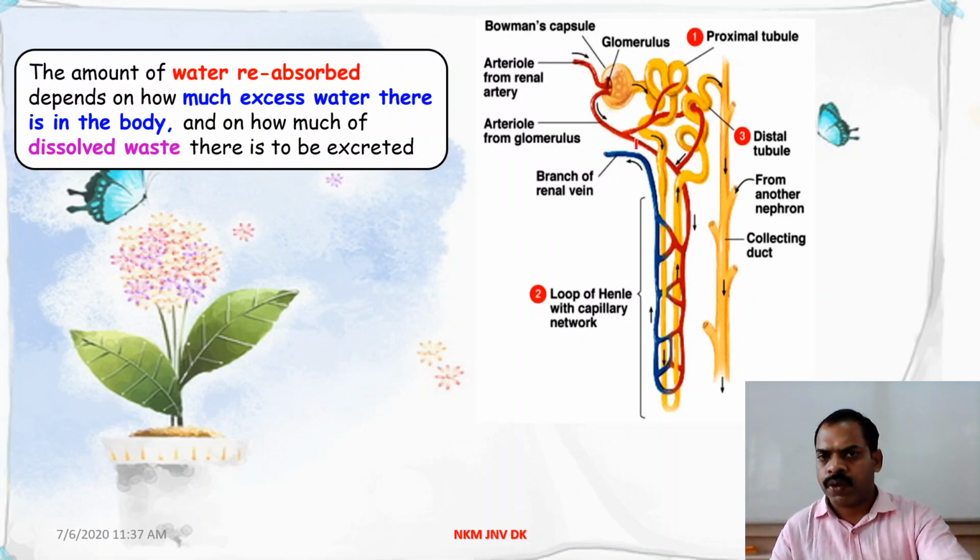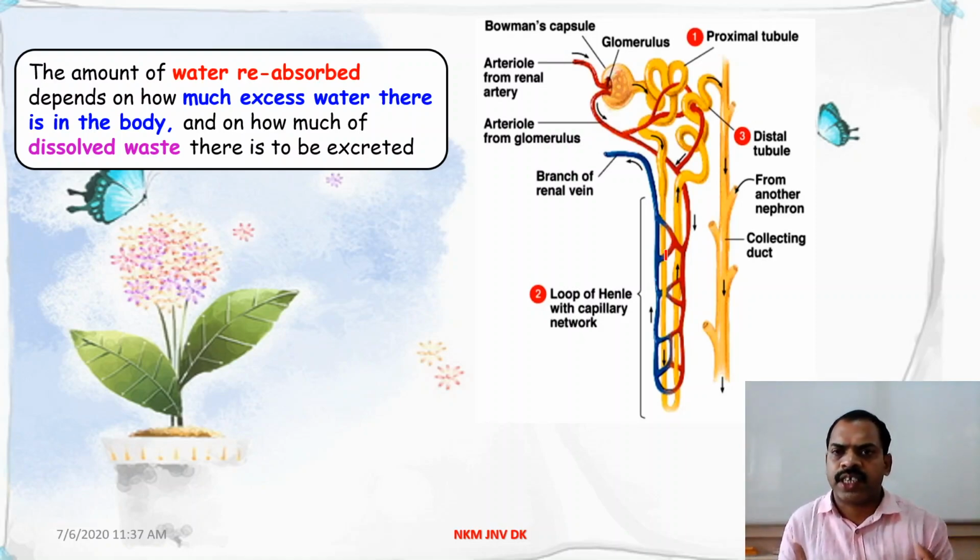When the blood is coming out, it is thick, because the liquid portion is already removed from it. When it is passing through, except urea, nutrients like glucose, amino acids and required water will all be reabsorbed. It is reabsorbed because absorption is already over in our intestine, then reabsorption takes place. How much we require, only that much we reabsorb.